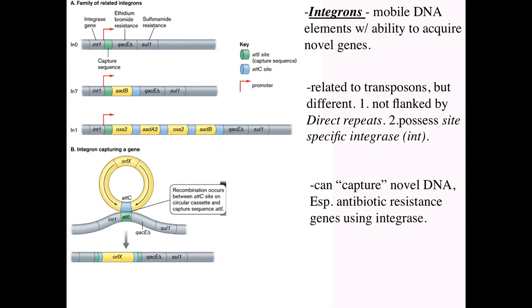So this novel DNA that's coming in probably is a very rare event. We don't really know where this DNA is coming from because it's double-stranded. DNA is not generally taken up very frequently as double-stranded DNA, and it becomes circularized.